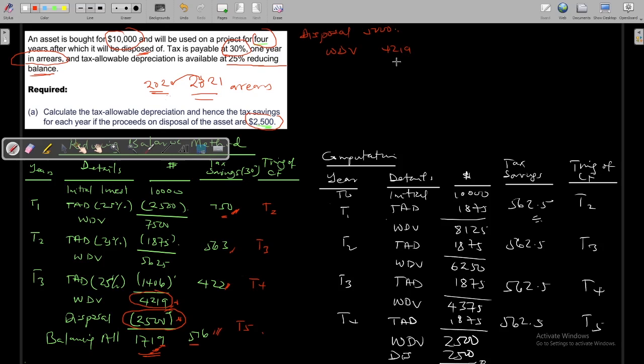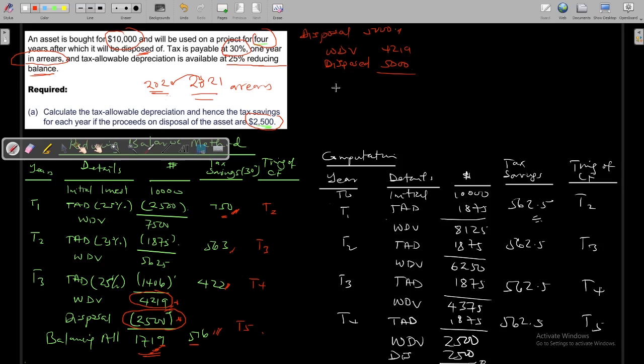The asset will be disposed of at the new amount, which is 5,000. Now you will see that the saleable value of the asset exceeds the written down value, so the company is now making an excess over the value of the asset.